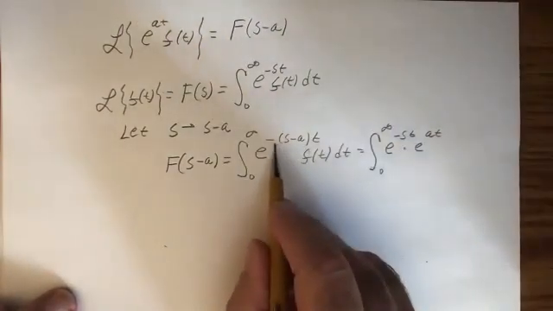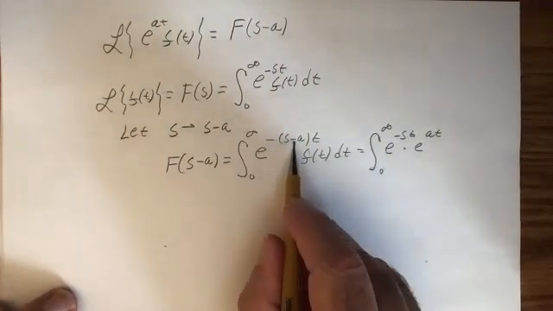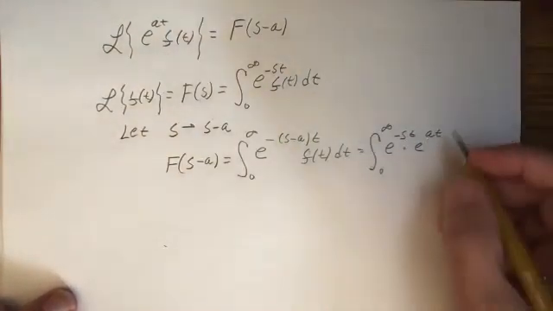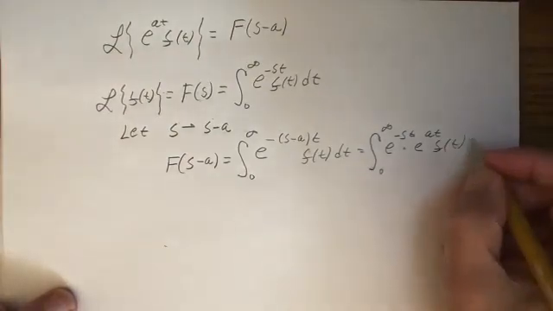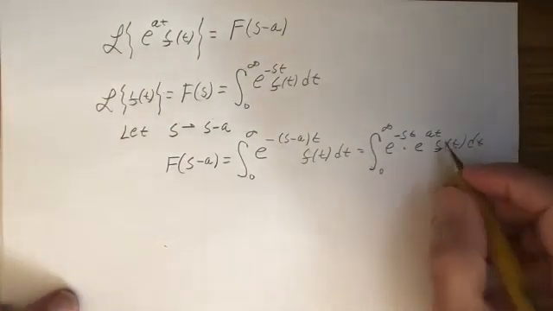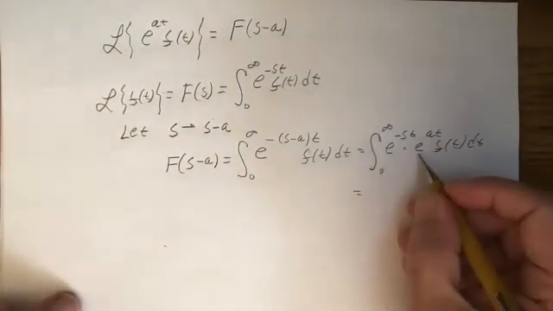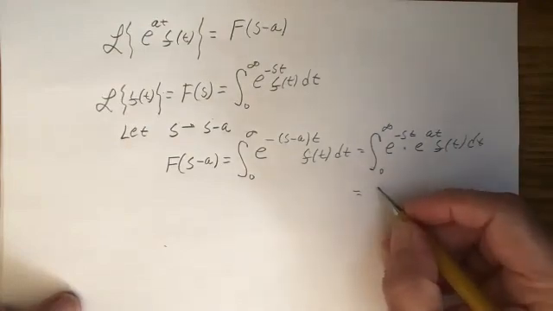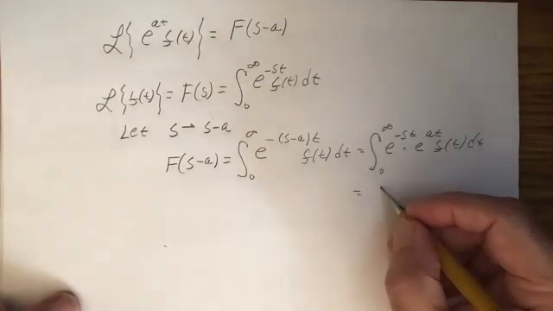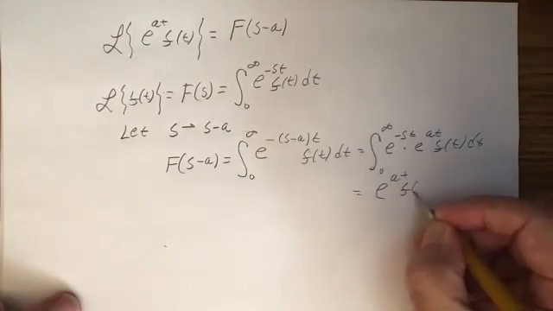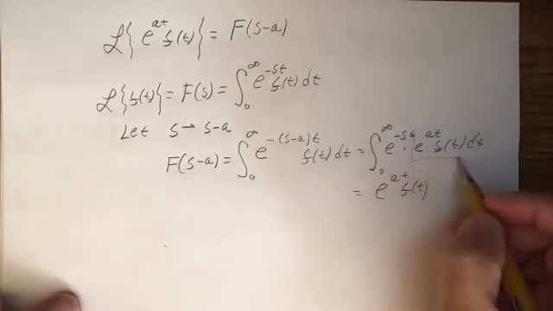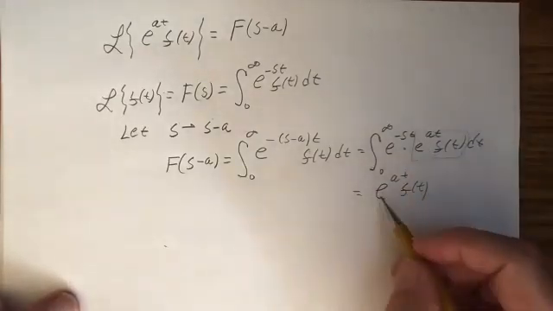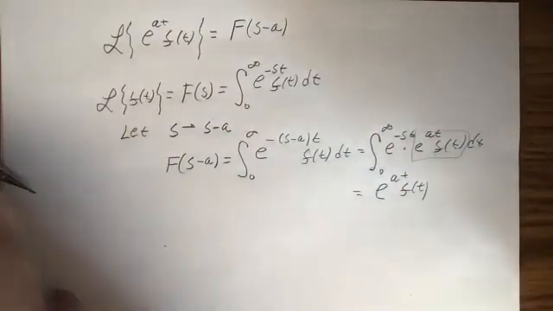I'm just rewriting this. I got the minus s here, this minus cancels with this minus, and I can write it like this. But what is this? Well, this here now would just be the Laplace transform of e to the at times f of t. In other words, the function is now just replacing this. So it's just the Laplace transform of that.